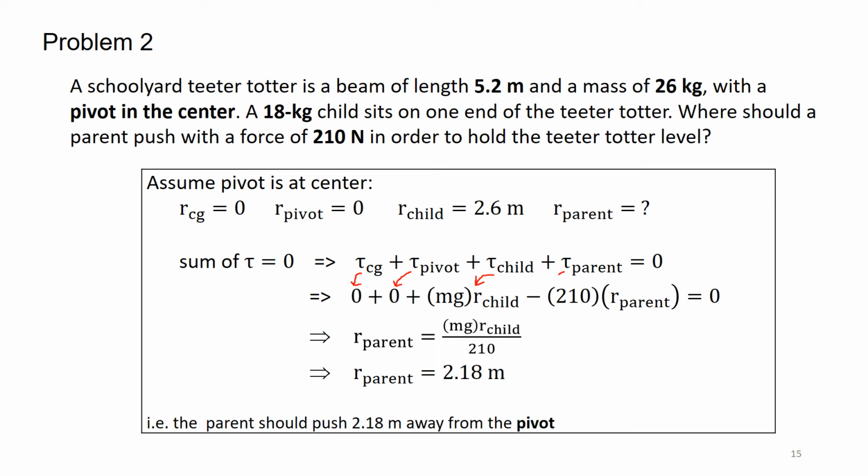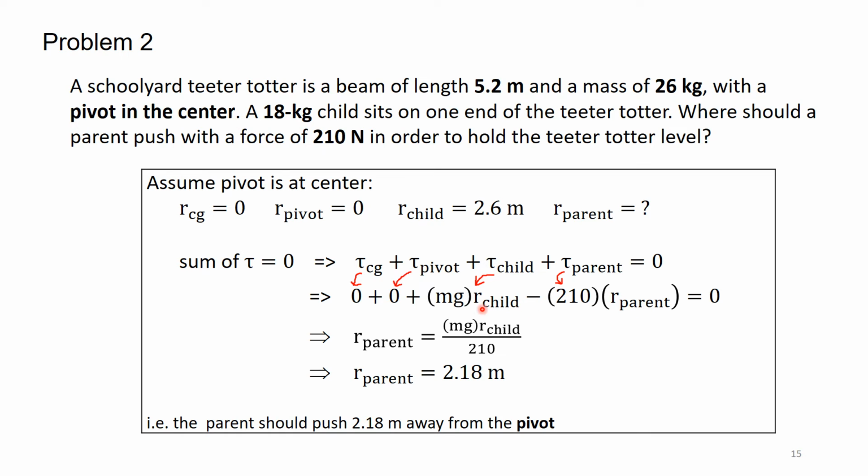And for the parent, we have multiplied the force with the R parent. And remember to put a negative sign for one of the torques. So we have the torque of the child and the torque of the parent that are not 0, and they're acting in opposite direction. One's clockwise, one's counterclockwise. The question doesn't tell us which is which, so just choose one to be positive, one to be negative. And it doesn't matter which you choose to be positive or negative, you'll get the same answer.